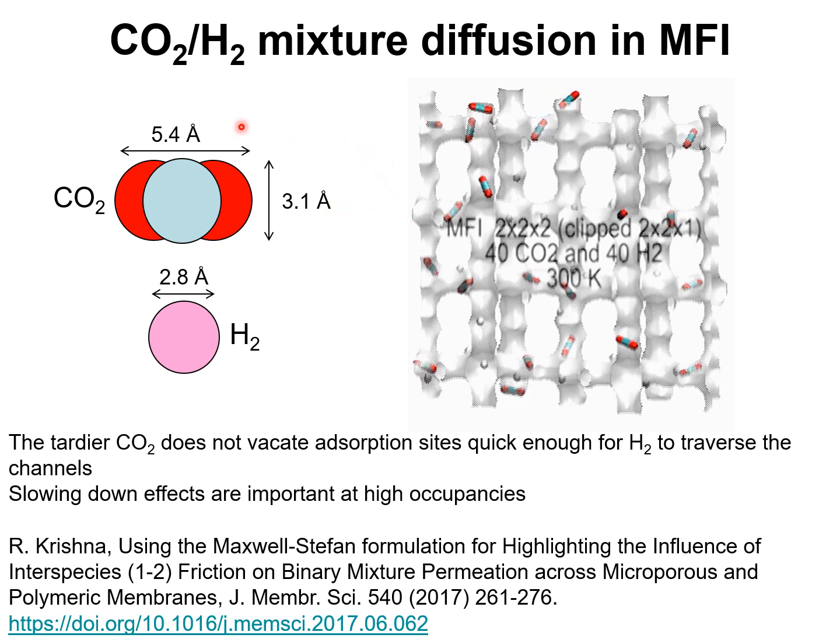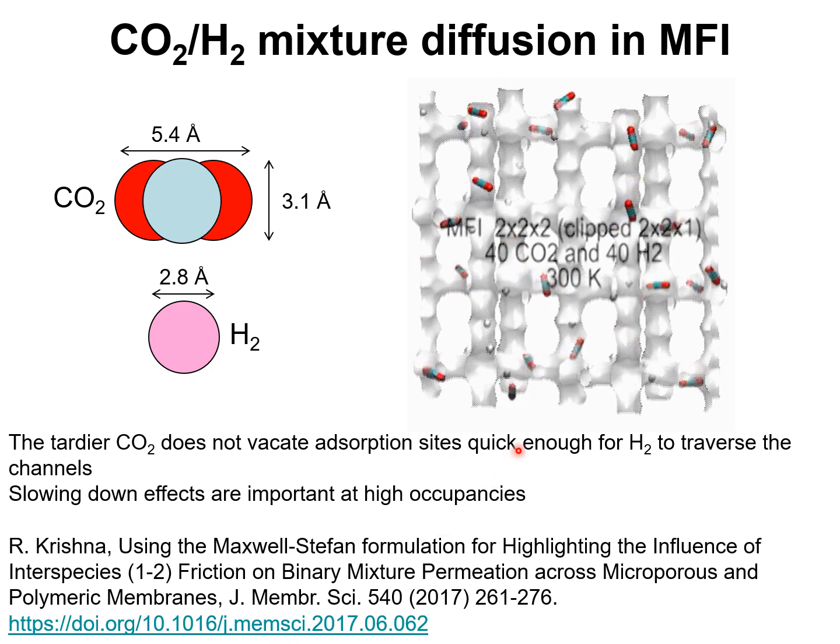In order to understand how the most strongly adsorbed CO2 molecule reduces the mobility of the poorly adsorbed hydrogen, we have a look at the animations of the motion of CO2 and hydrogen within the intersecting channels of MFI zeolite. These animations are created from MD simulations. Let's have a look.